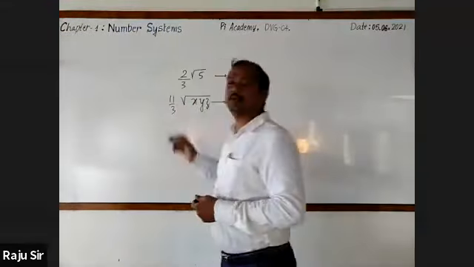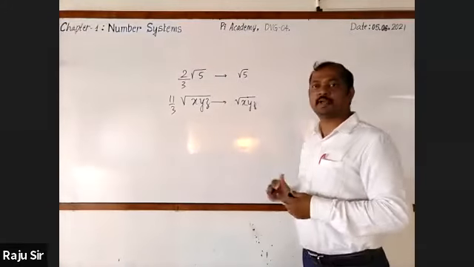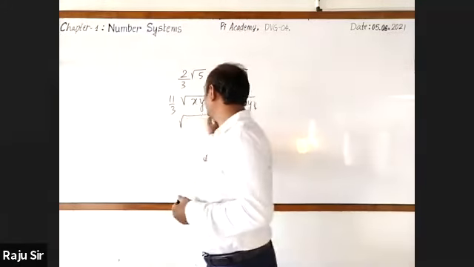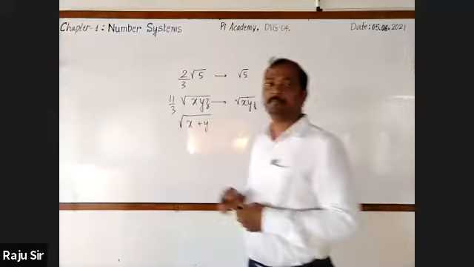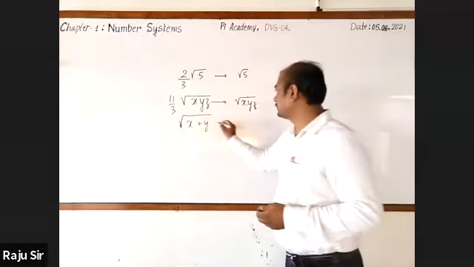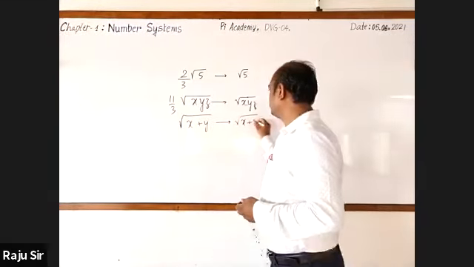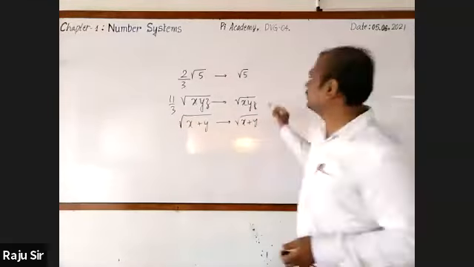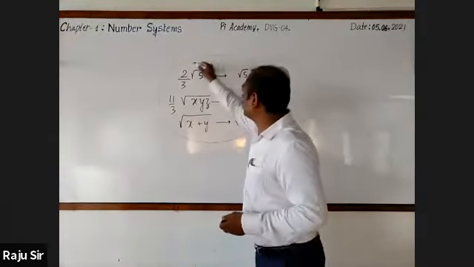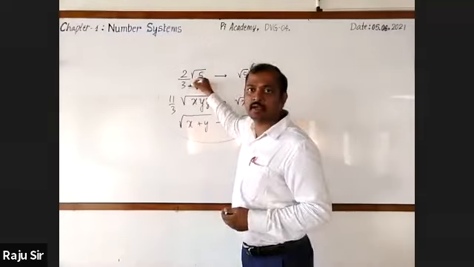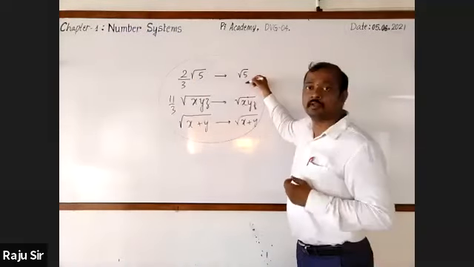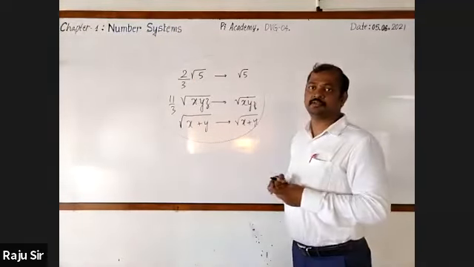For 11 by 3 into square root of xyz, it is square root of xyz only. Square root of x plus y: its rationalizing factor is square root of x plus y only. So these are all monomial irrational numbers and their corresponding rationalizing factors.